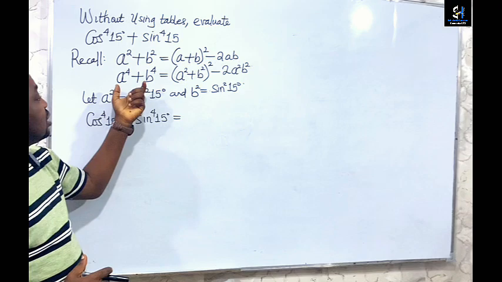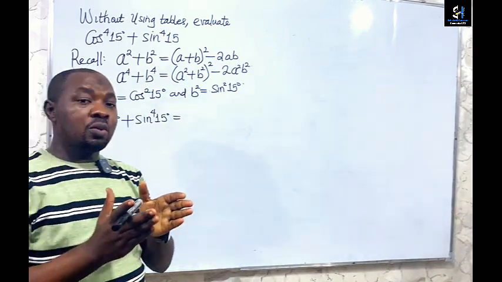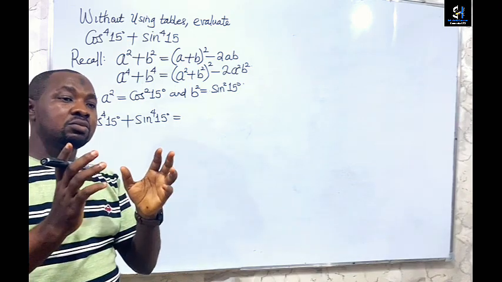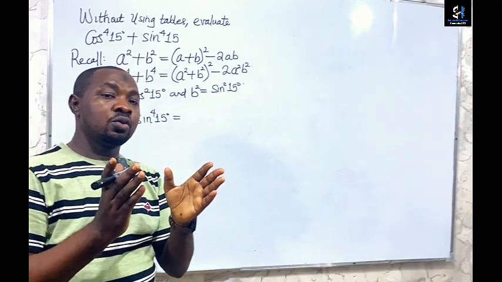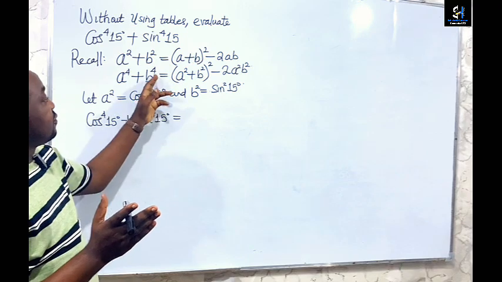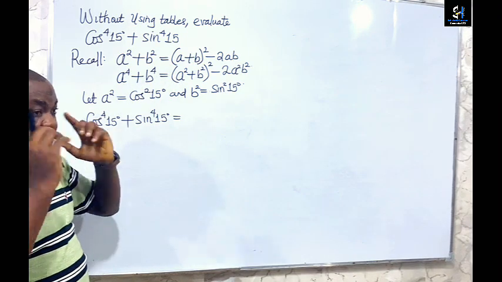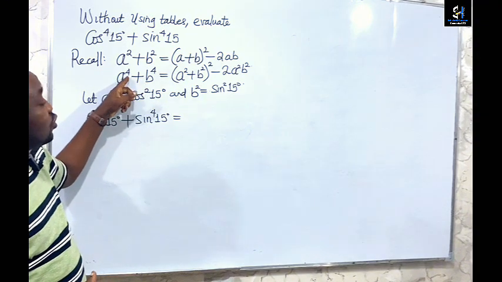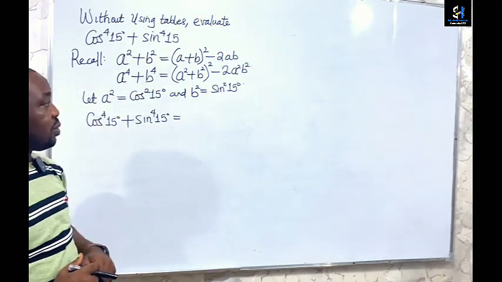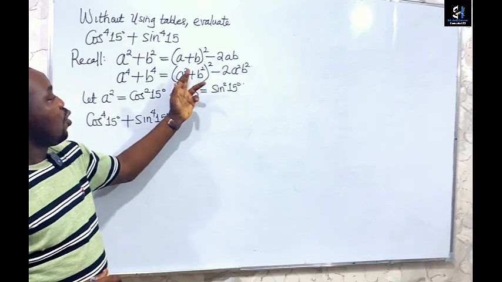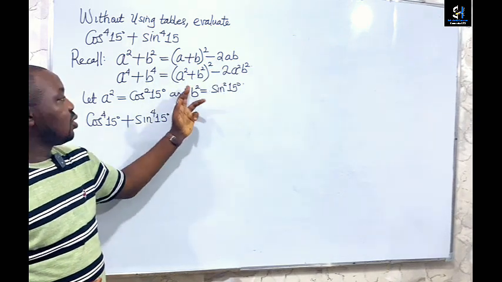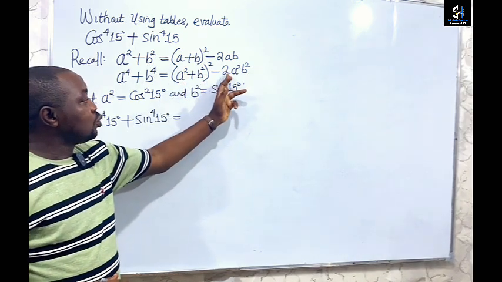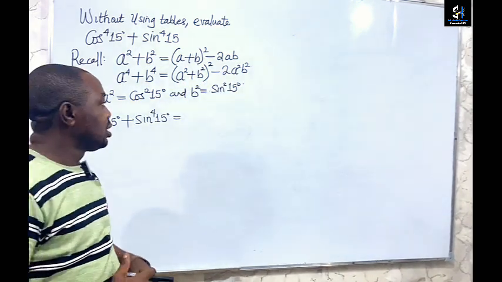So for the sum of a raised to the power of 4 and b raised to the power of 4, we're going to have the square of the sum of the squares of a and b minus 2 multiplied by a squared and b squared.